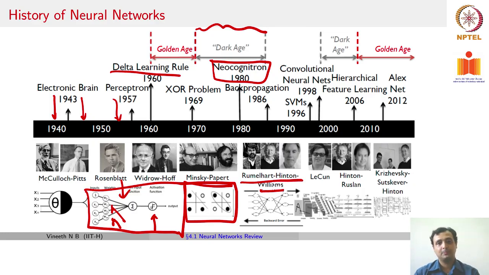Later in the 1980s and the mid-1990s, versions of neural networks such as convolutional neural networks were developed at that time, and these neural networks were adopted in various different applications. One popular application at that time was the handwritten digit recognition problem, which is today known as the MNIST dataset.